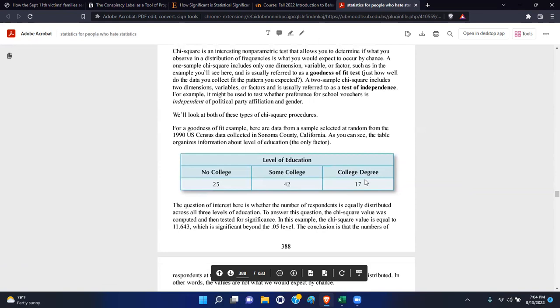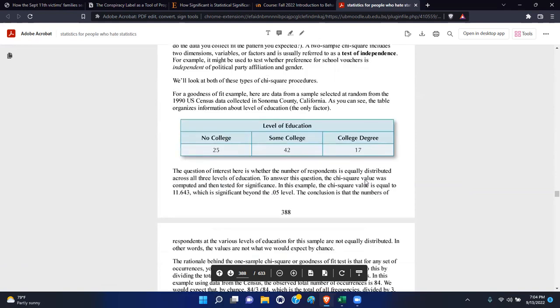So what we're doing here is we're saying, okay, let's say that we went out and we measured the level of education of some people, let's say at the mall or at a sporting event, or who are employed for a given firm or for a business. And for whatever reason, we're interested in level of education. We say no college, some college, college degree. And this is what we actually observe.